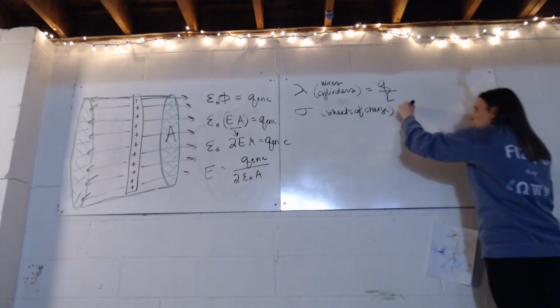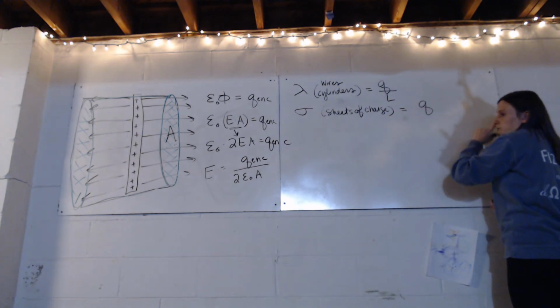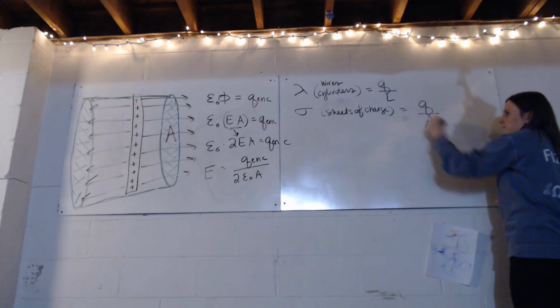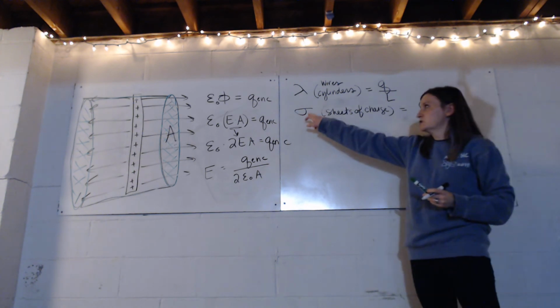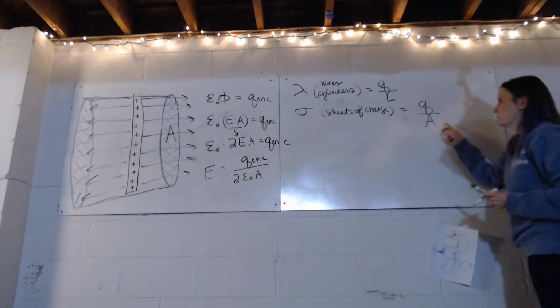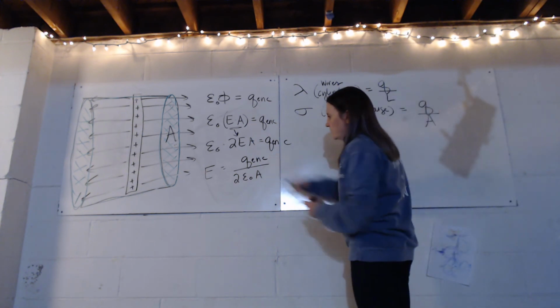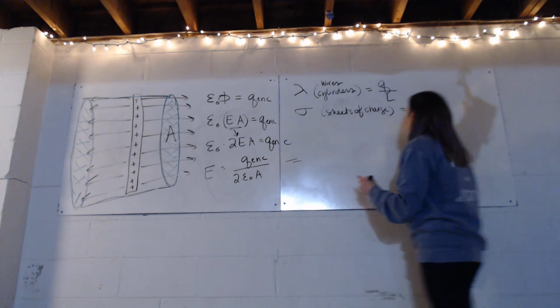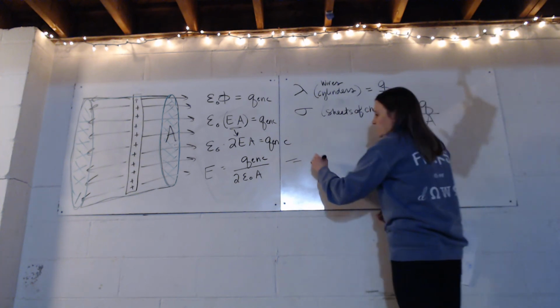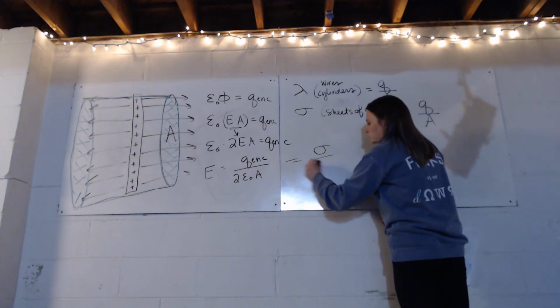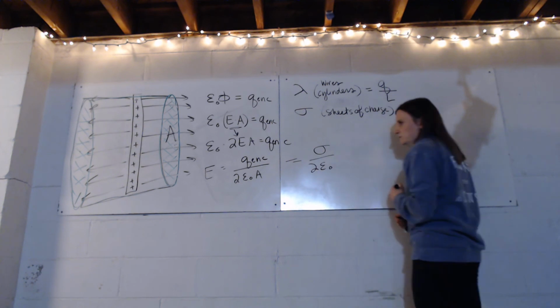And this describes charge per unit area. So we would say rho, charge density, is equal to charge per unit area. And so I can rewrite that. Charge per unit area is equal to rho. So I could say electric field is equal to rho over 2 epsilon naught for a single sheet of charge.